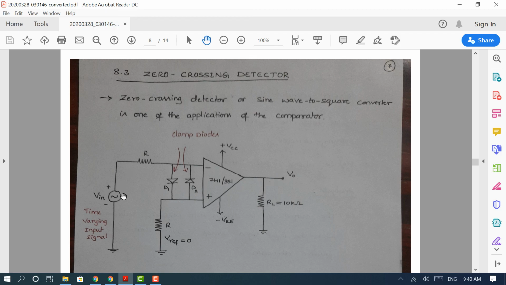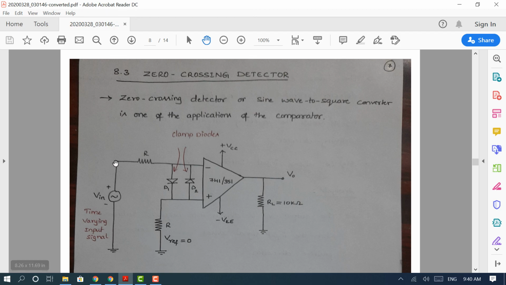And one more observation we can make here is when you make the reference voltage 0. In the previous circuits we have assumed the reference voltage as either plus 1 volt or minus 1 volt. In that circuit, if you assume the reference voltage as 0, the circuit becomes a zero crossing detector. There is not much change in this zero crossing detector except making the reference voltage 0.